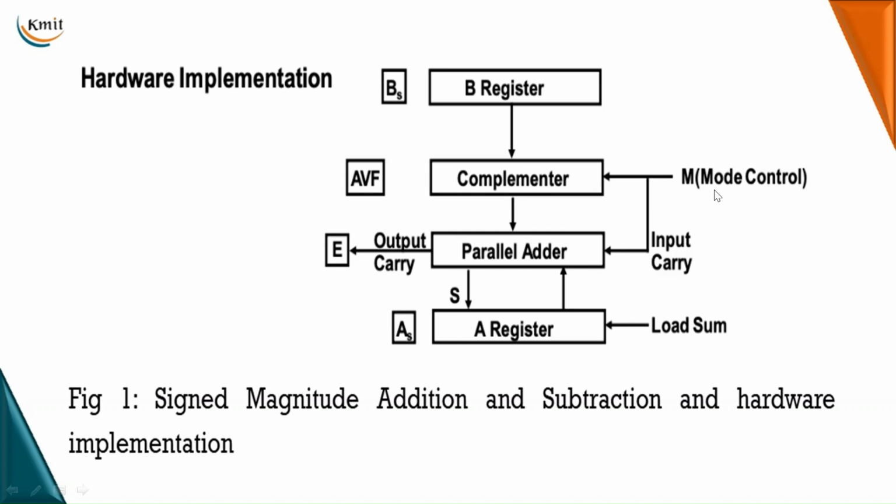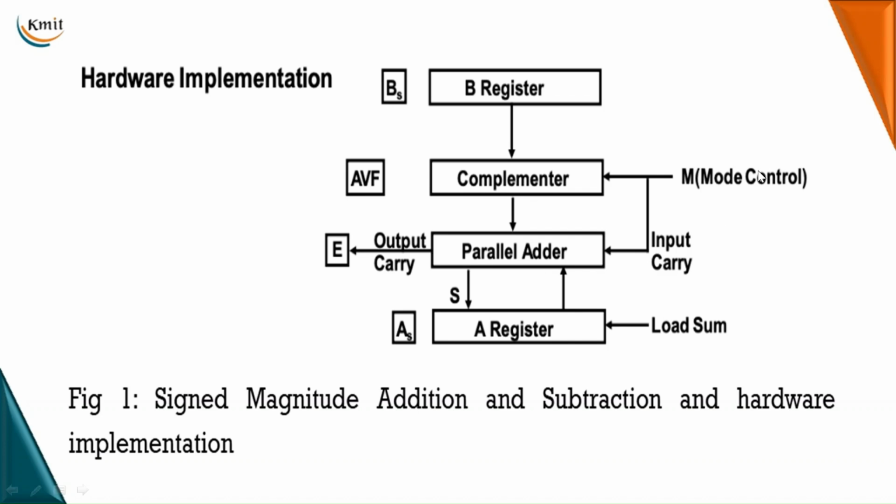When the mode bit M is equal to 0, it performs an addition operation. Say I have one operand present in A and one operand present in B. How does the hardware know which operation to perform, whether subtraction A minus B or addition A plus B? That is done based on the mode control bit.